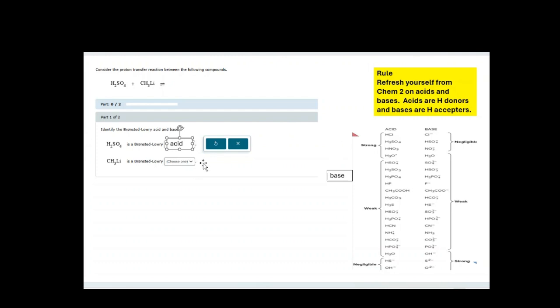Because we've already identified the acid within this question, we can go ahead and assign this as the base. This isn't a case like H2O, which can be an acid or a base, so it's not the case for this question.